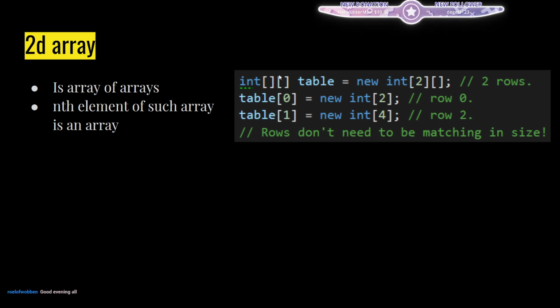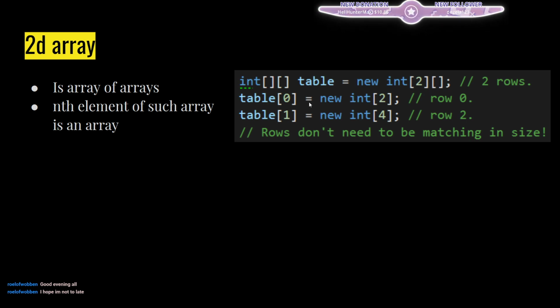And you can see it's a 2D array from those brackets. This bracket means it's one array, and this bracket means it's a second array. So it's an array of arrays. And here I create an array with 2 elements of arrays.